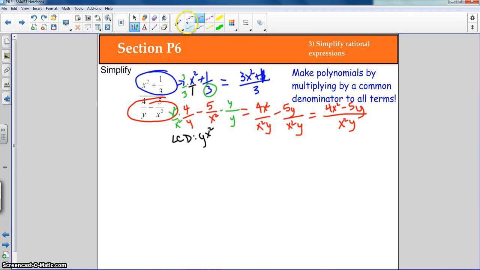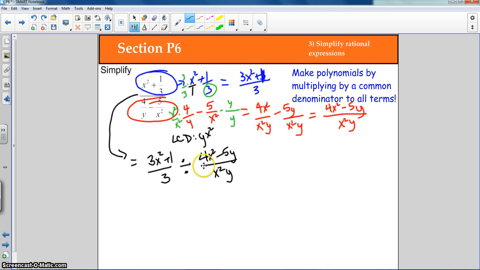So really what this is now saying is that this whole thing is equal to, and I'm going to write it a different way, 3x squared plus 1 over 3 divided by, because that's what this bar means, divided by 4x squared minus 5y all over x squared y. Okay, in the last video we learned how to do this.